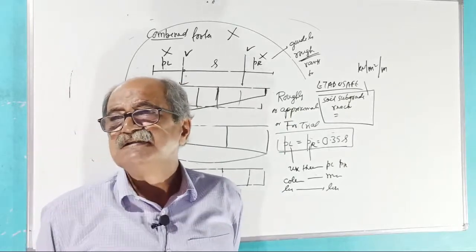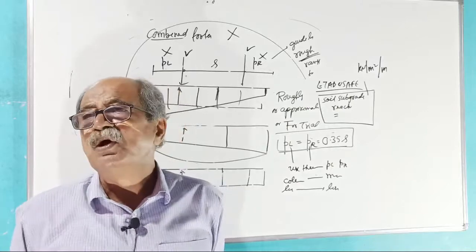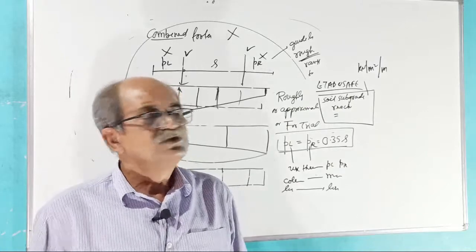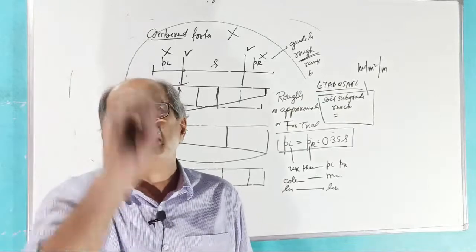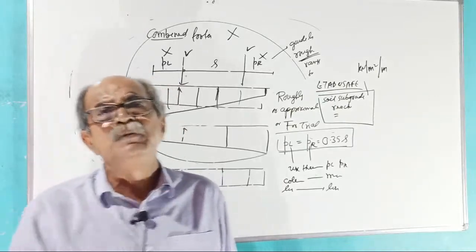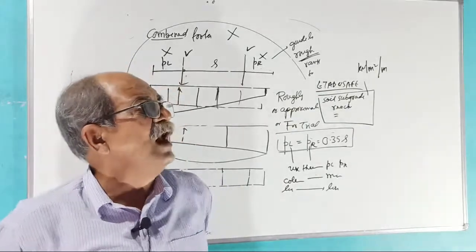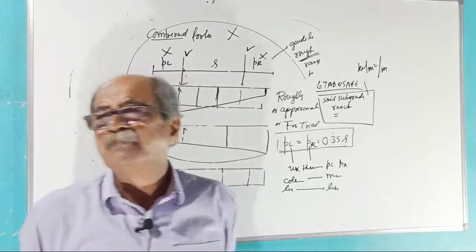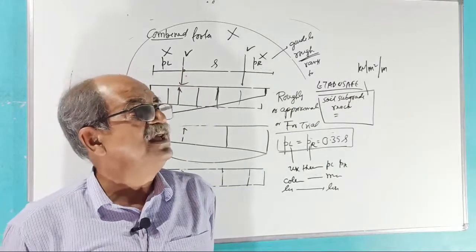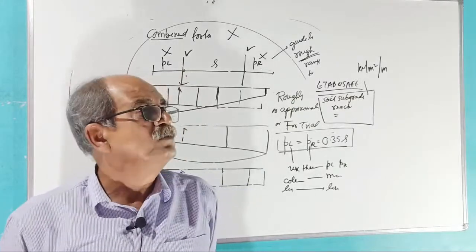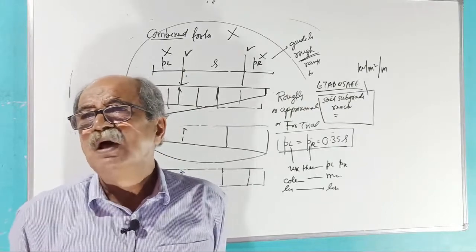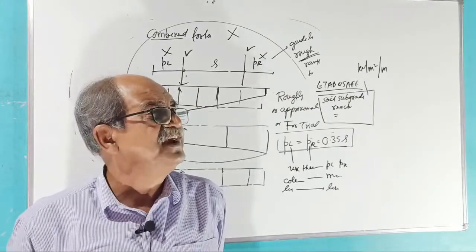Software considers settlement of soil when you give soil subgrade reaction. You have to give input. If you don't give input, it will not run. It will say sorry, missing data, unless you give that value I will not analyze it.